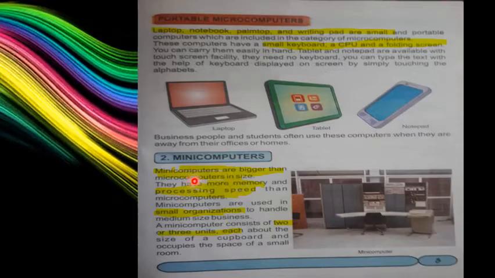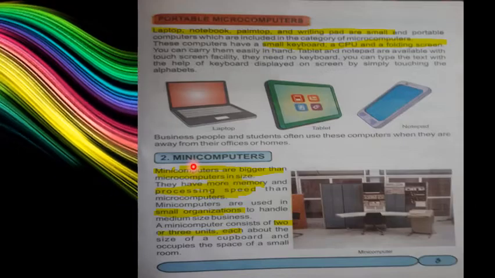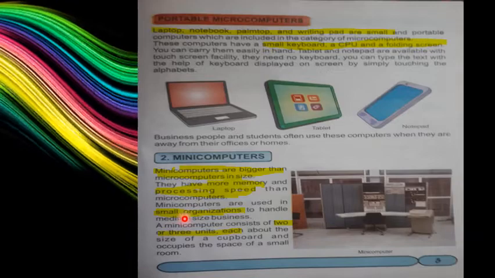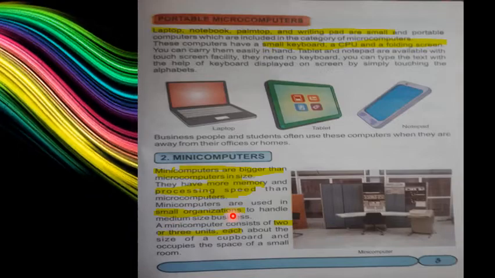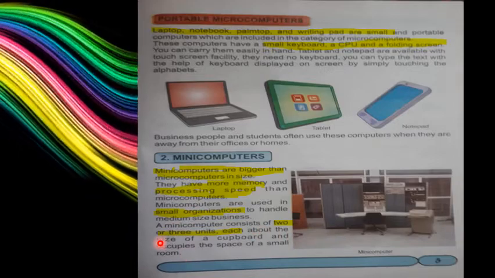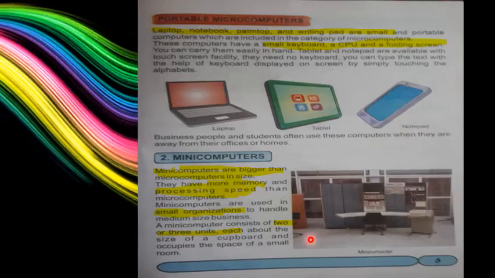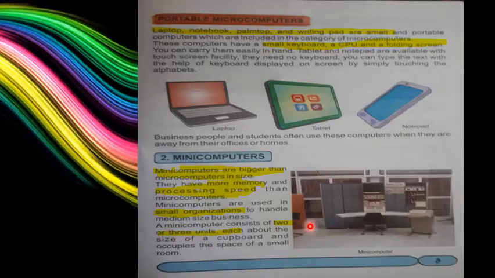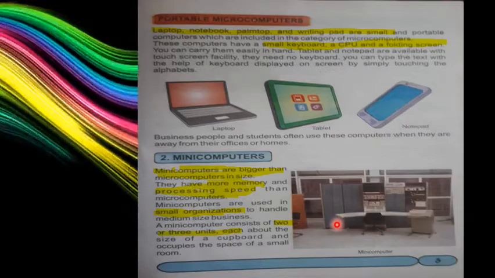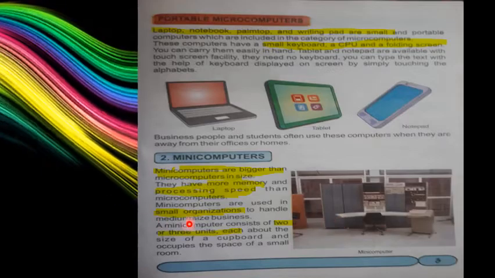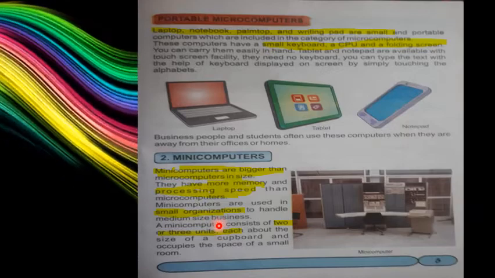They are used in small organizations and they have 2 or 3 units. This is how mini computers look, and as we know, they are used by small organizations.